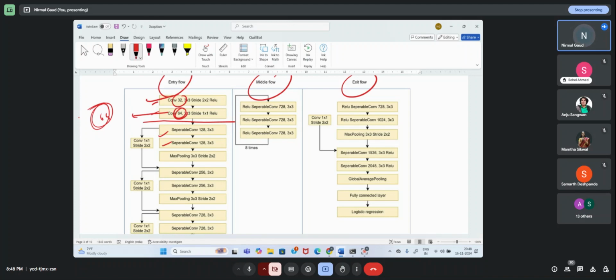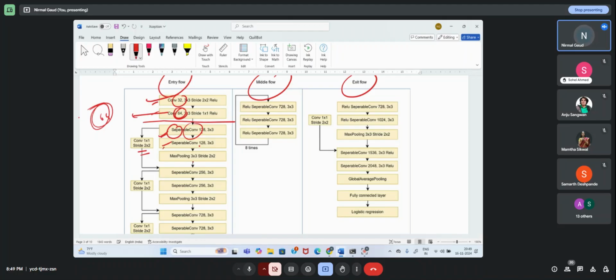Now you are performing separable convolution with it, so you are going to separate all. Here it's 128, 128, striding 2 by 2. Then the pooling layer.